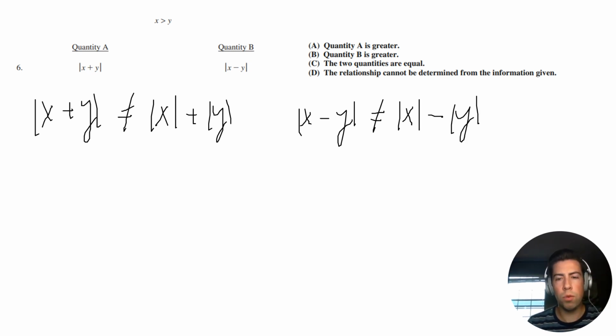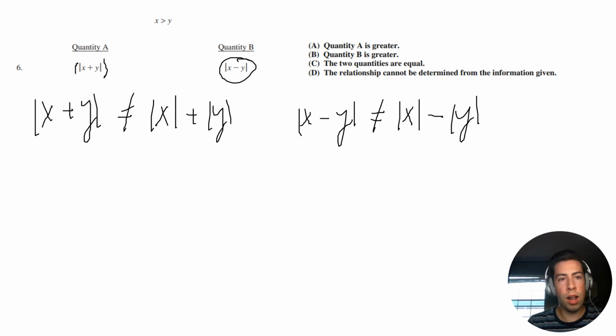Now you might be wondering, why wouldn't it just be the same thing? So really, you have to think about these absolute value signs as parentheses. You always have to start inside first. So we take the sum, or in this case the difference, and then take the absolute value of the result, not of the internal contents, okay?